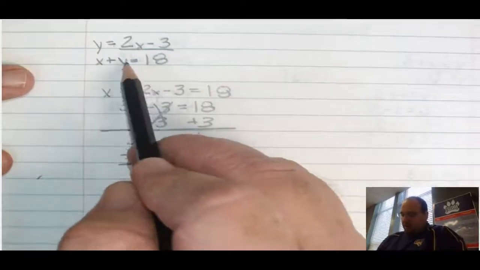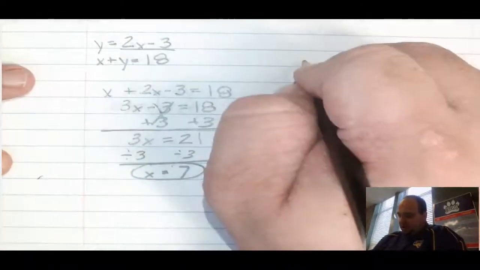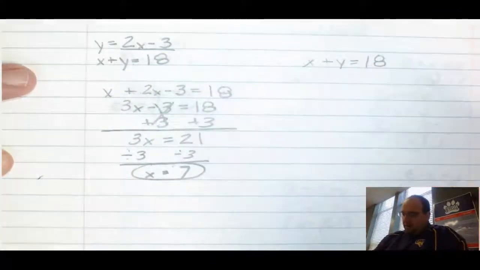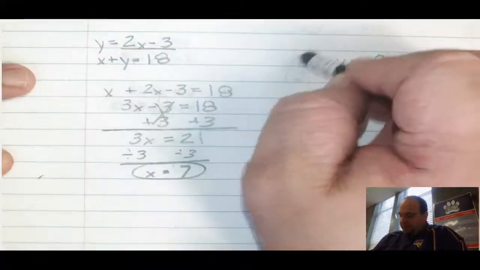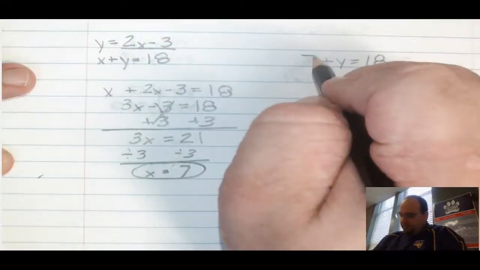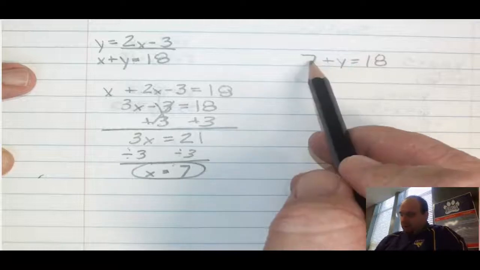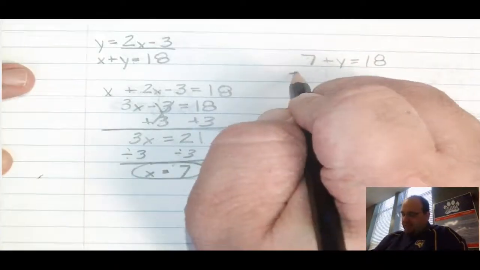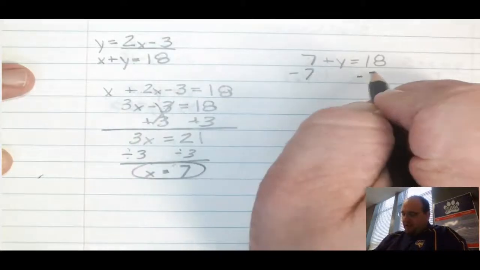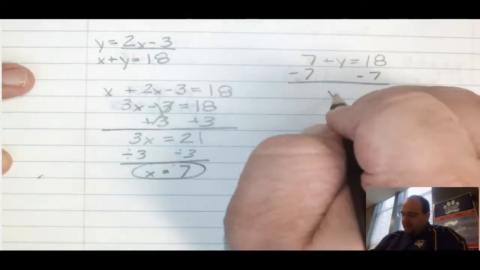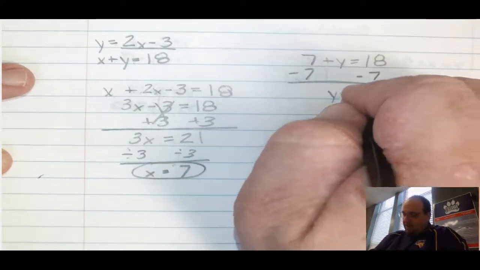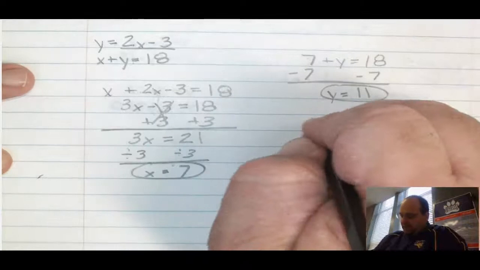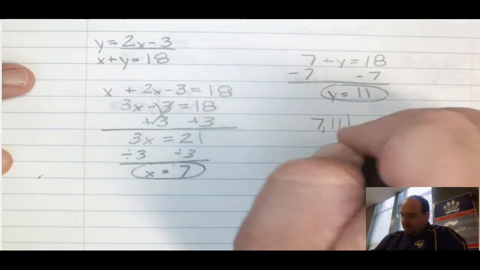Now I'm going to substitute it into this equation right here: x plus y equals 18. In place of x, I'm going to put a 7. It looks like I have a little more work to do on this one. To get y by itself, I have to get rid of this 7. So I'm going to subtract 7 here, subtract 7 here. I get y equals 18 minus 7, which is 11. So my solution for this one is 7, 11.